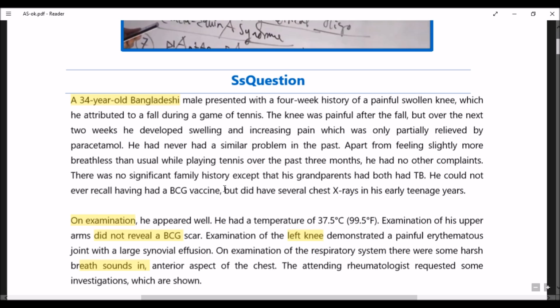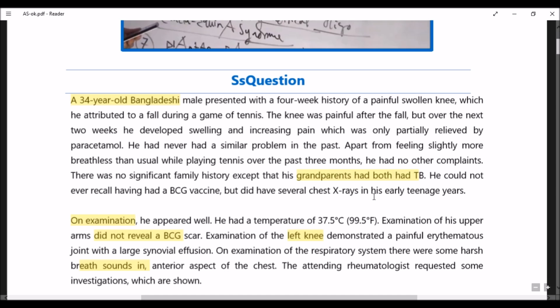There was no significant family history except that his grandparents had both had TB. He couldn't even recall having had a BCG vaccine, but did have several x-rays in his early teenage years.